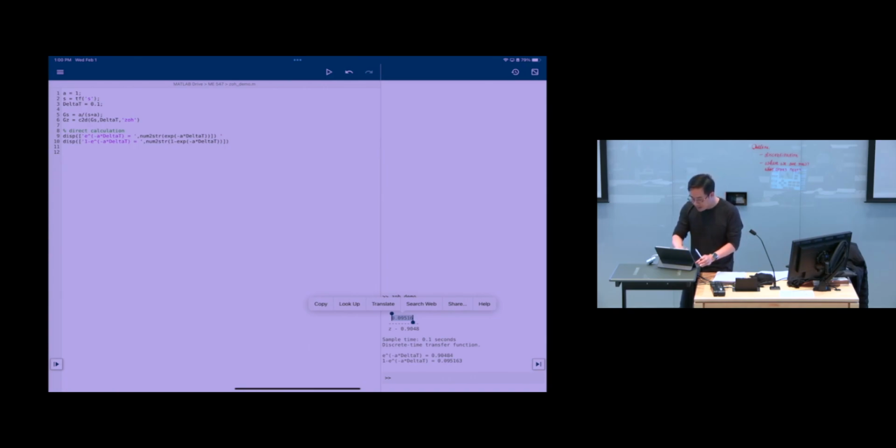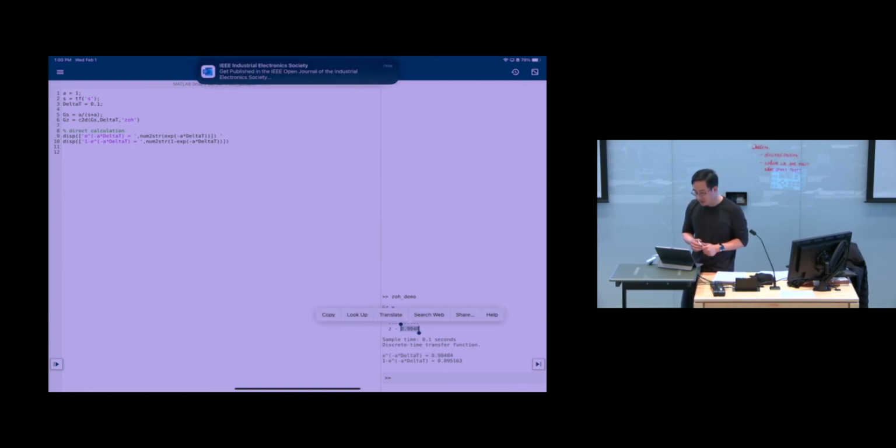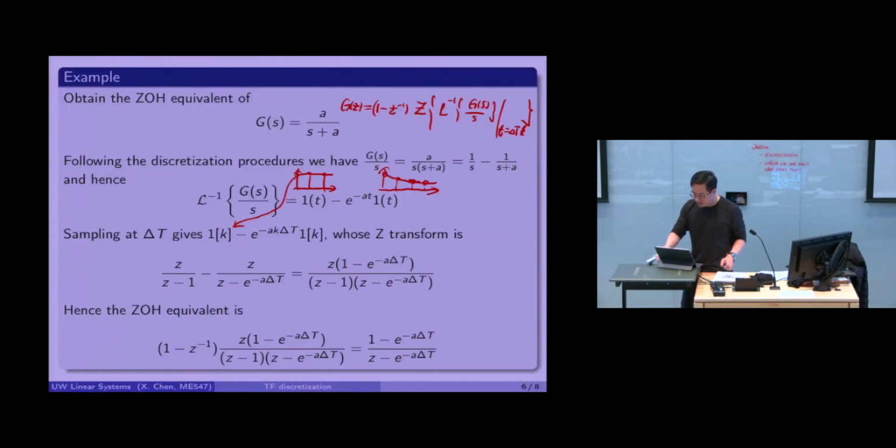And then the denominator will depend on the coefficient e to the power of negative A delta t, which is 0.90484, and it equals the constant term in the denominator as well. So that is the verification of this formula in one example.